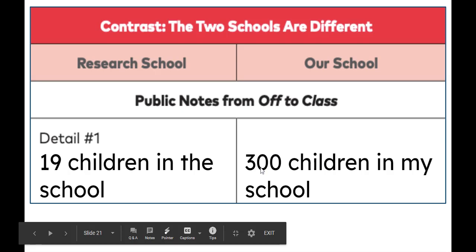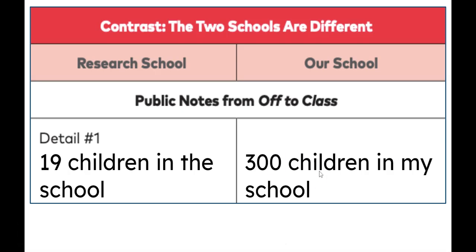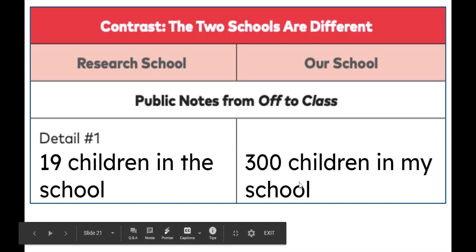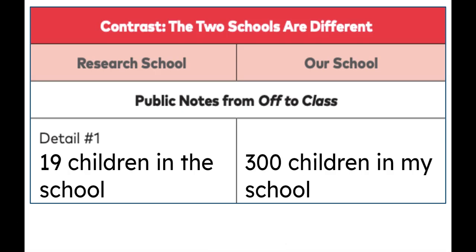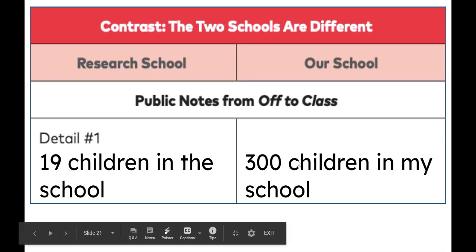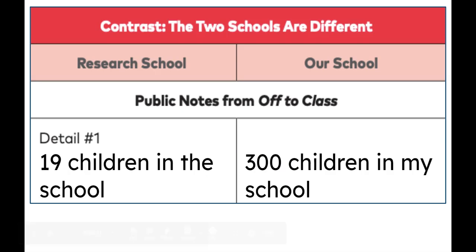And then for the notes here, 300 children in my school, I switched that into a sentence. In my school, there are 300 children. Now, remember, when you take notes, your notes do not have to be in complete sentences, but when we are writing like a paragraph or a paper or a book, we do need to turn our notes into sentences.